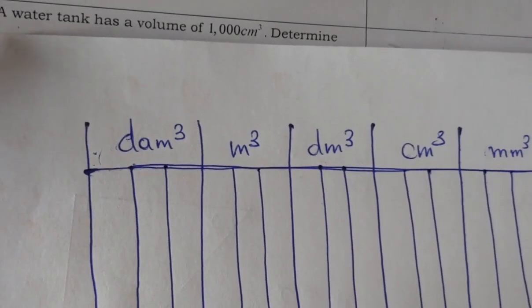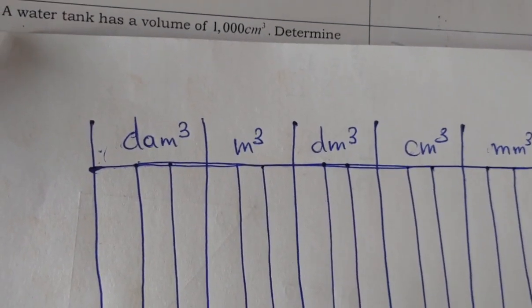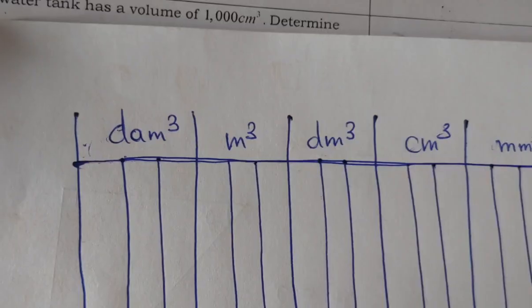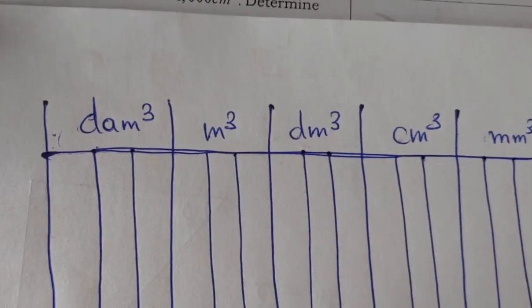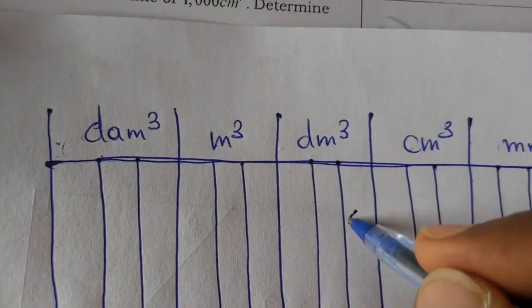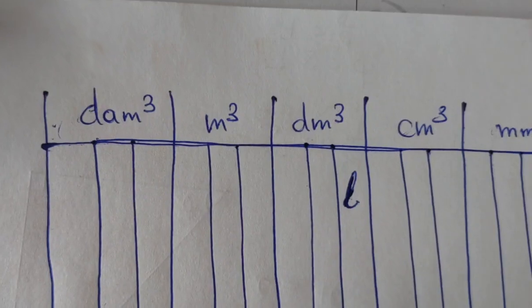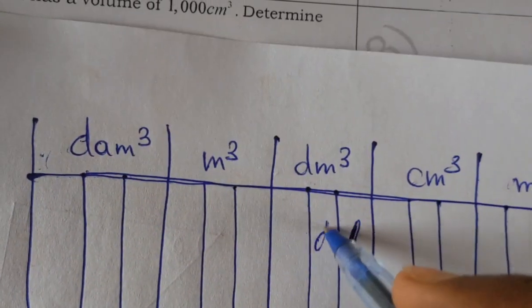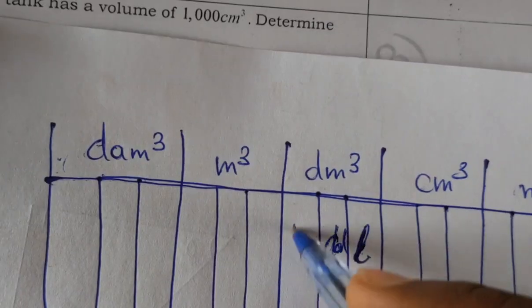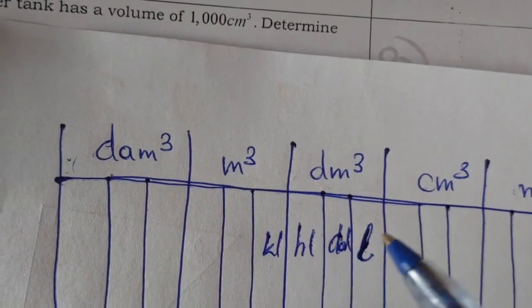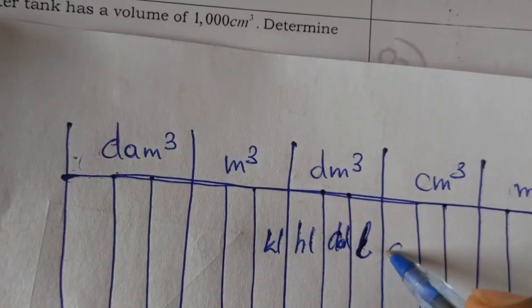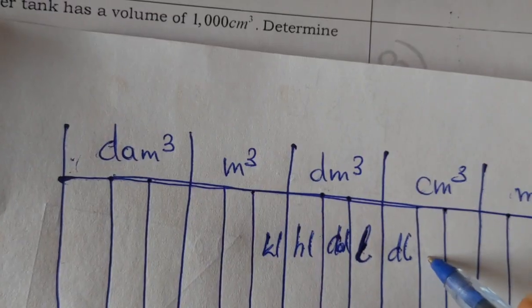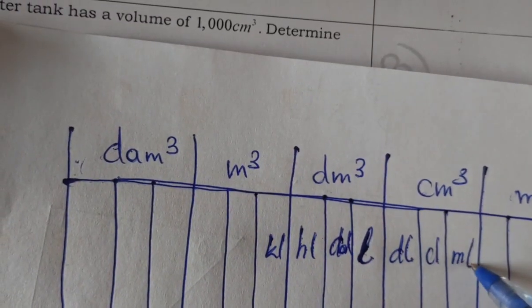Here the key point we have to know is that 1 decimeter cubed is equal to 1 liter. To mean the liter will be written here. And then we know that before liter there is decaliter, and then hectoliter and kiloliter. And after liter there is deciliter, and then centiliter, and then milliliter.